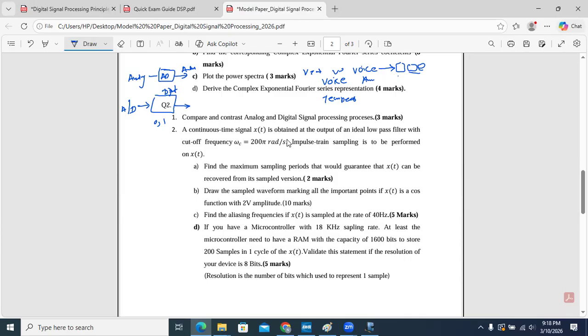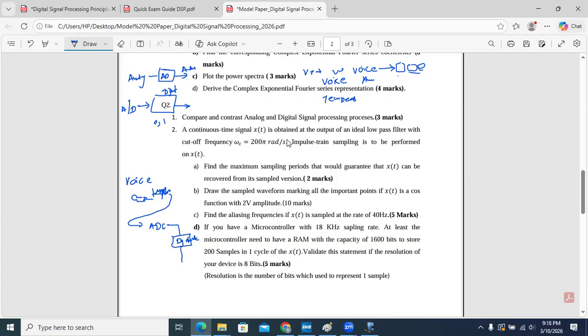For example, if there is a microphone, you will have the voice signal, which will be an analog signal like this. Then using an analog to digital converter, you need to convert it. Then you can do the digital processing, equalizing like that.